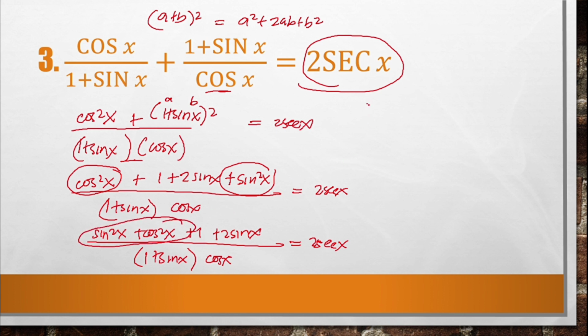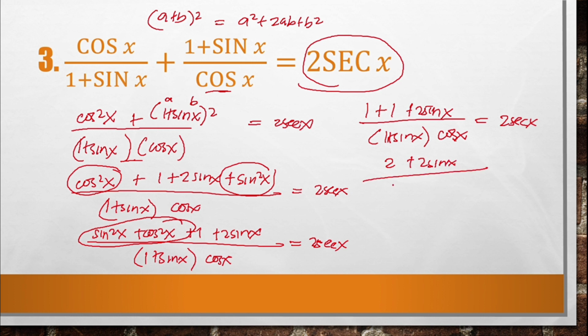So therefore we have 1 plus 1 plus 2 sine x over 1 plus sine x times cos x is equal to 2 sec x. So 2 plus 2 sine x over 1 plus sine x times cos x is equal to 2 sec x.